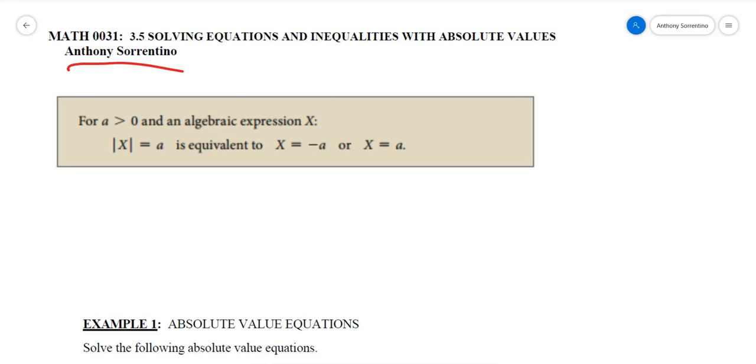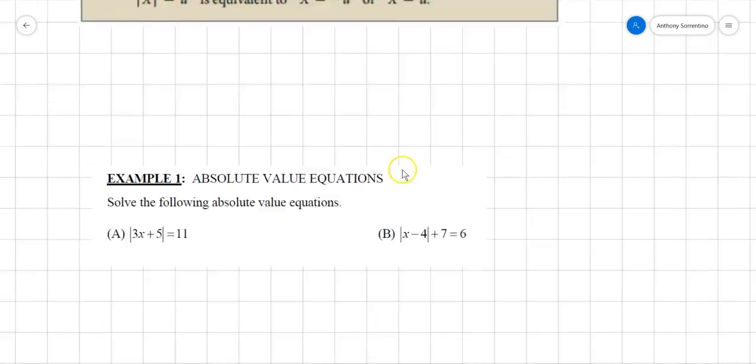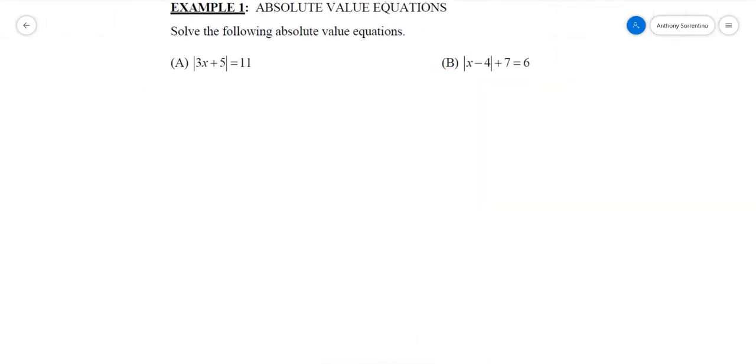So when we look at example 1, part A, basically for me to solve that equation, I had to get rid of the absolute value mark first. Because the 3 is multiplied to the x, the 5 is added to the x, I can't move them away from the x until the grouping symbol can go away. The grouping symbol is not just a parenthesis here, it's an absolute value, and I have to do something special according to what was in that tan box to get rid of it.